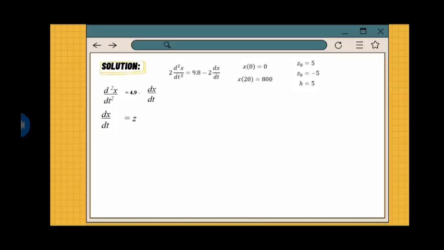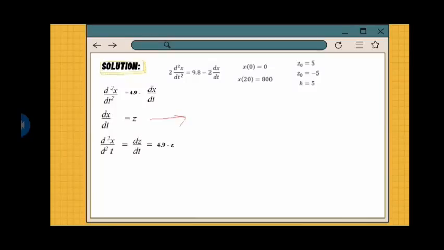So let dx over dt equal z. And then we differentiate again.